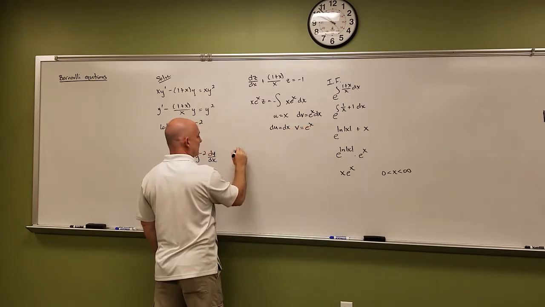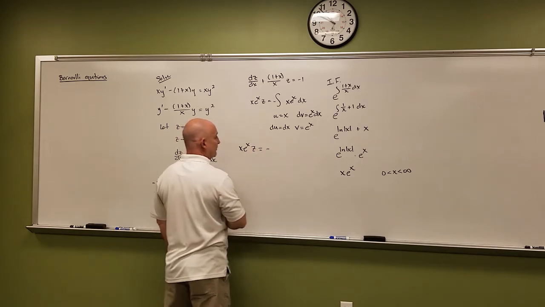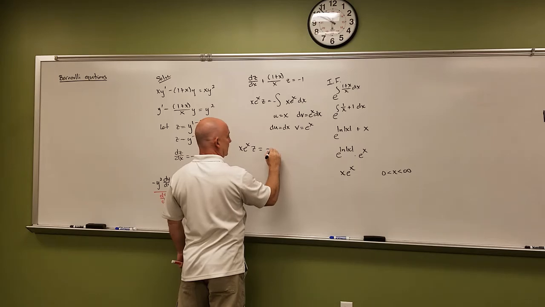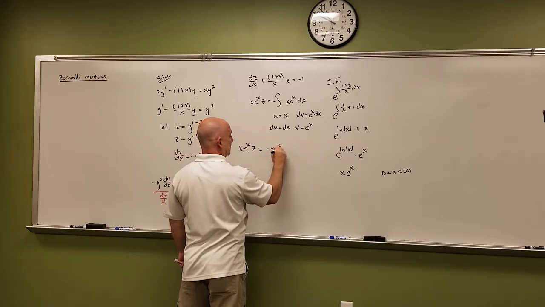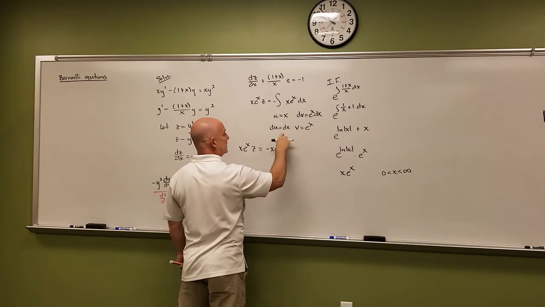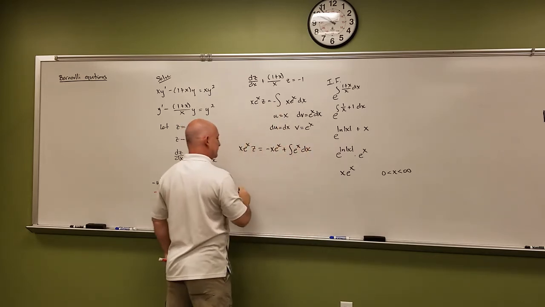So when we put this together, I get x e to the x times z is equal to the negative out in front of the integral. uv, that's going to be x e to the x minus, but we had a negative out front, the integral of v du, which is the integral of e to the x dx.